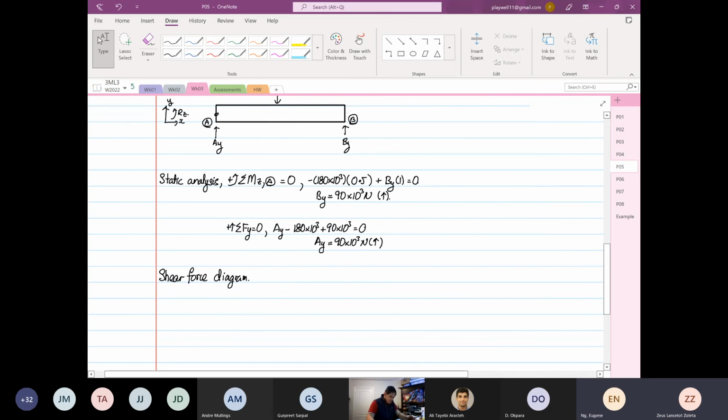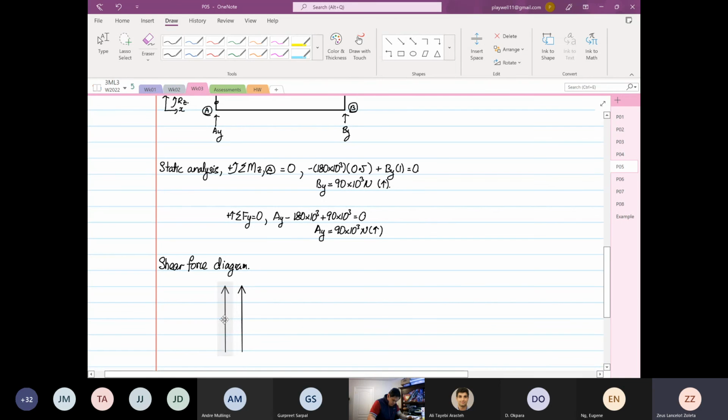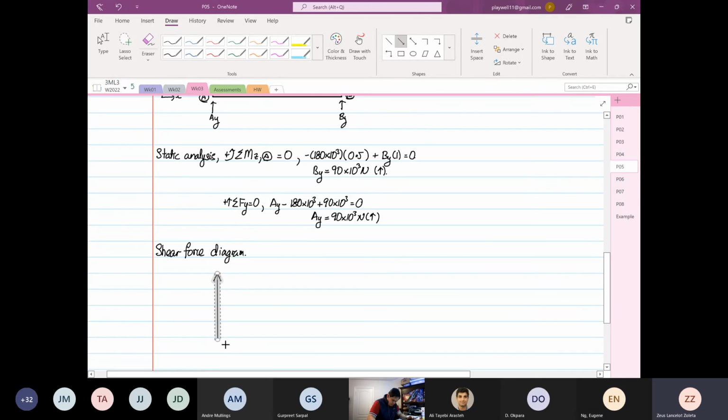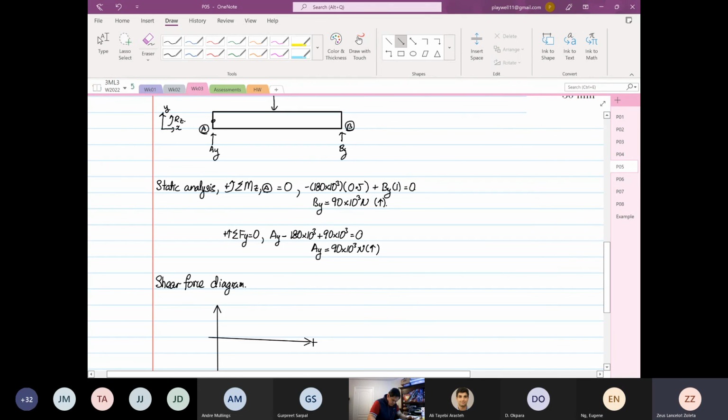Okay. So our shear force diagram. Oh, sorry. So this is our X, this is our V, and this is our positive 90 times 10 to the power 3 Newton.